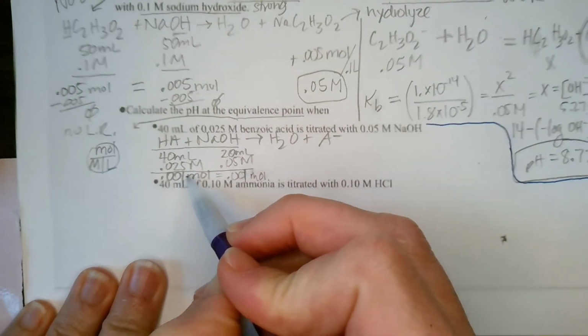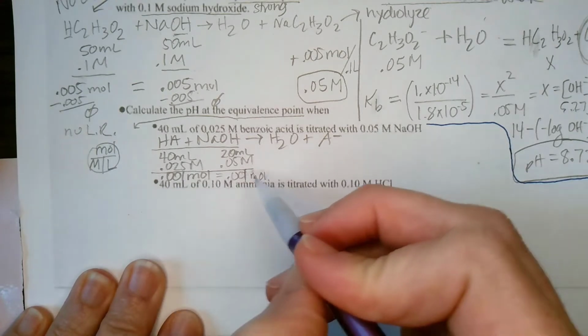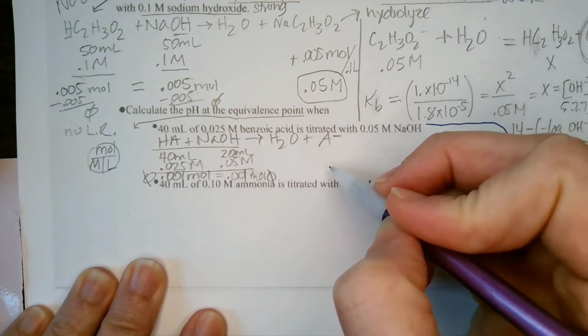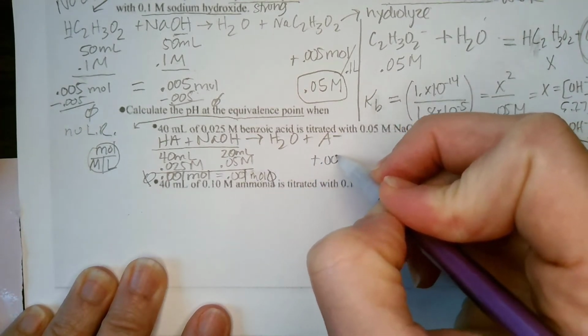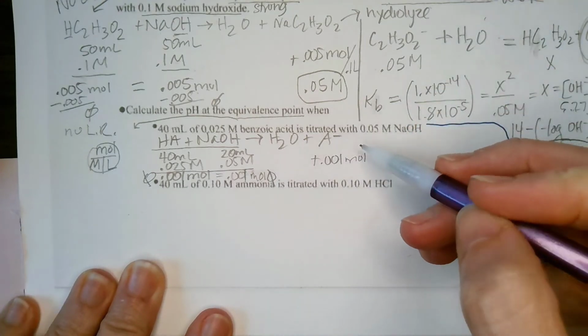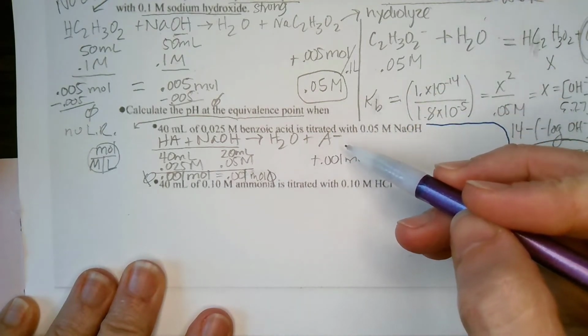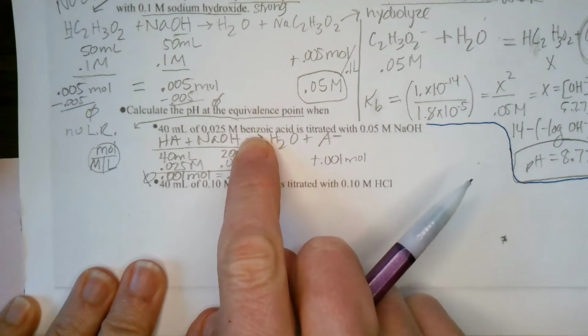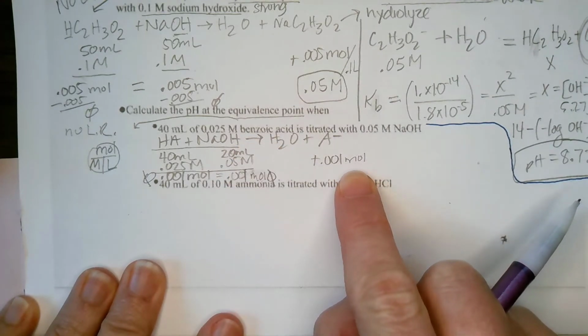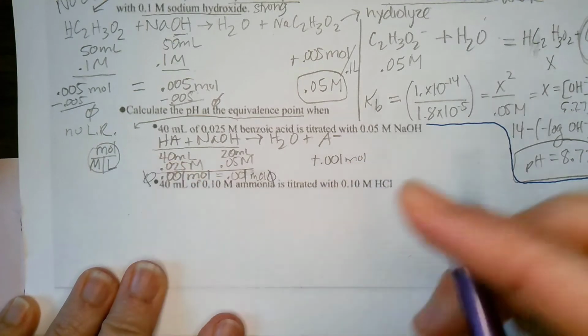Now, we know that we're going to minus 0.001 minus 0.001, so we have no reactants here. That means we're going to plus 0.001 moles of my conjugate base, which would be benzoate. We also know that benzoate is going to hydrolyze, right? Because it's from a weak acid.